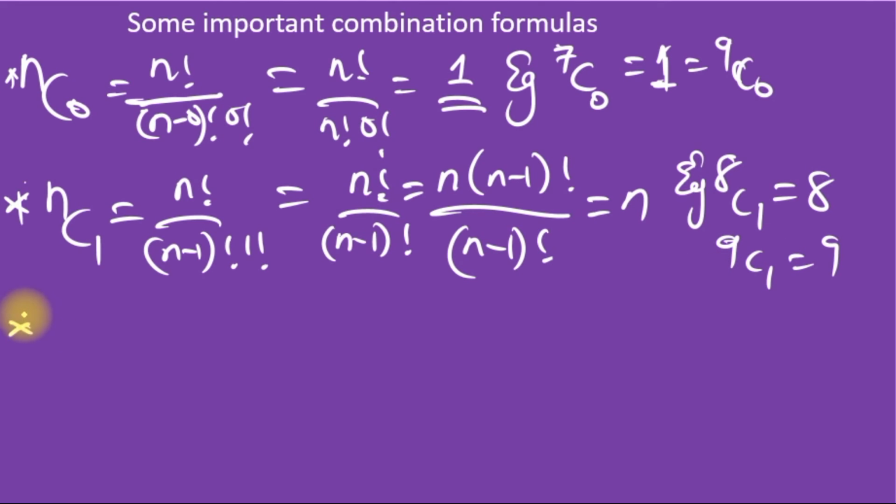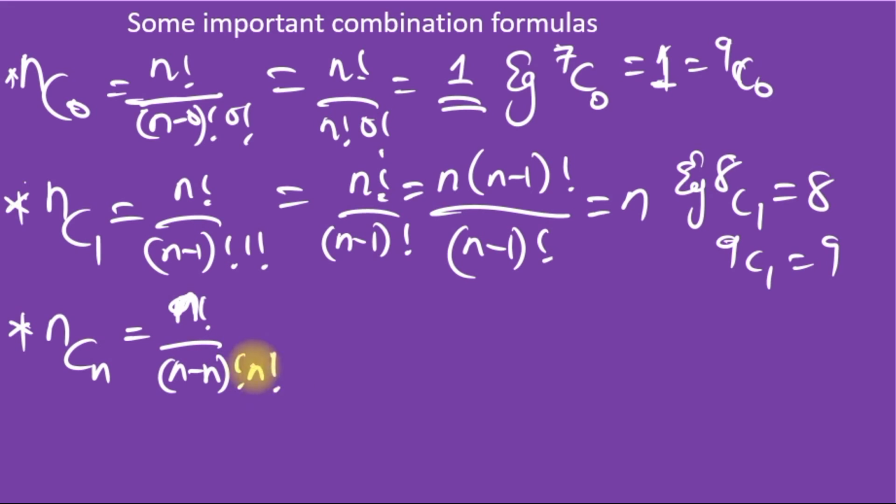So finally, n combination n. This is the second to the last. We have n factorial over n minus n factorial times n factorial, and n factorial cancels n factorial. So we have 1 over 0 factorial, since n minus n is 0.